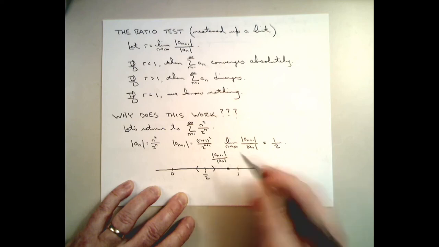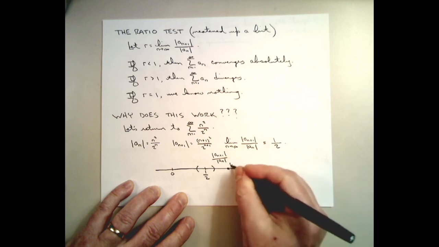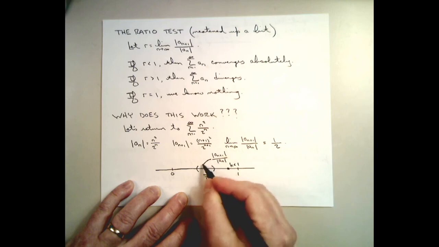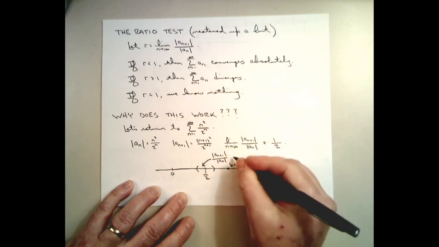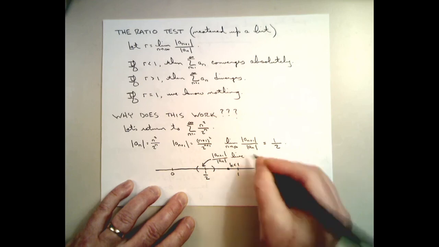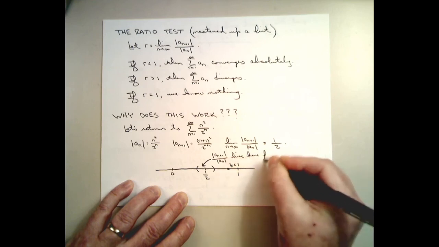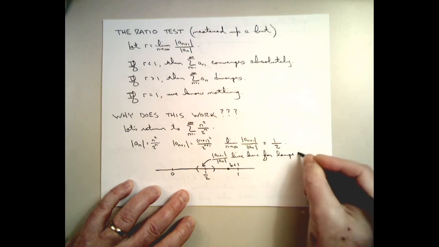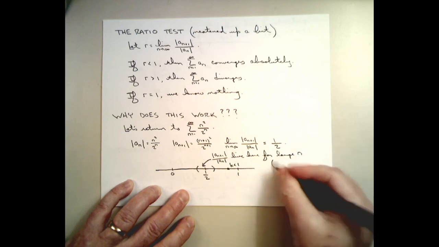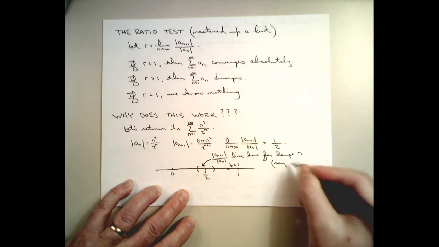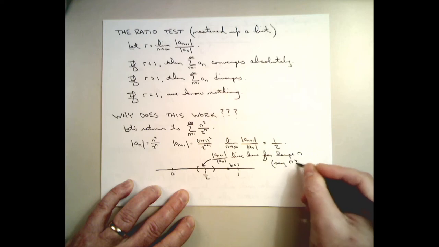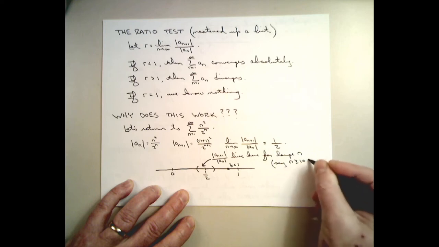So I want there to be some number k out here that's less than 1, so that all these ratios live in this interval for large n. Just to be specific, let's say that large for our purposes is n greater than or equal to, I'm just pulling this out of the air, 108.